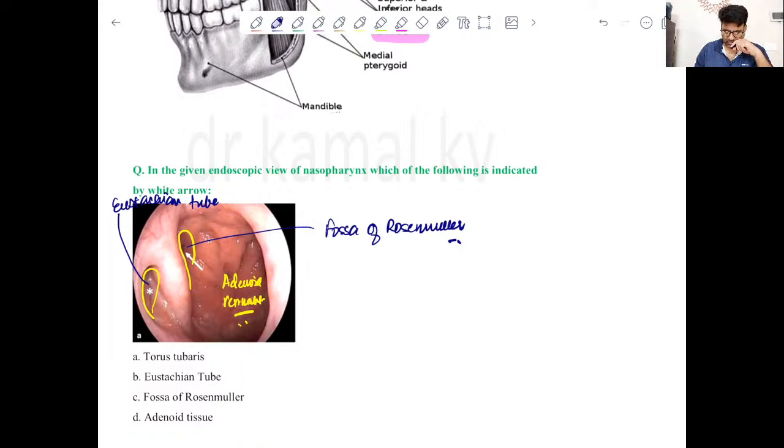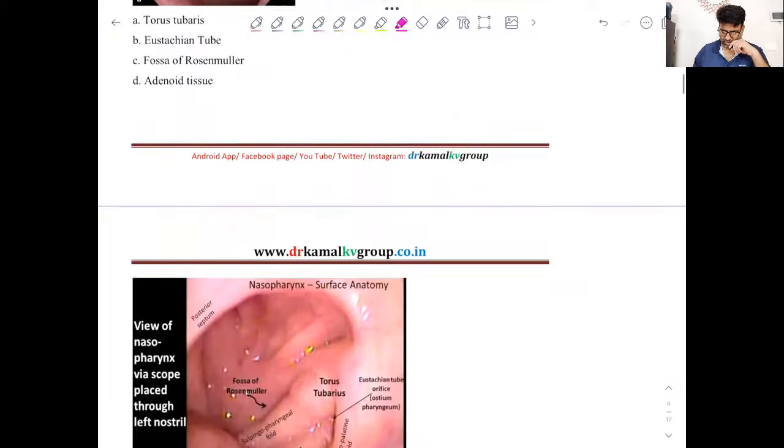And this prominence is actually the torus tubaris, right? So just remember these two important things here. One is the Eustachian tube, and second is the fossa of Rosenmuller.